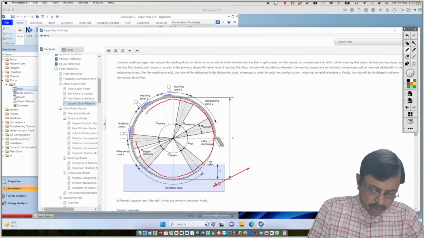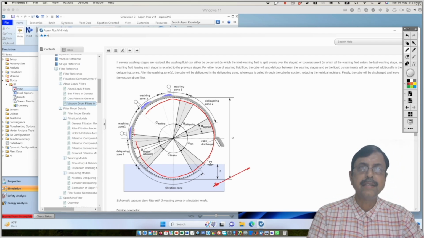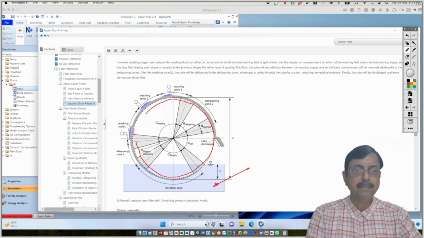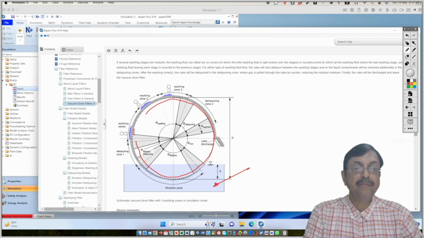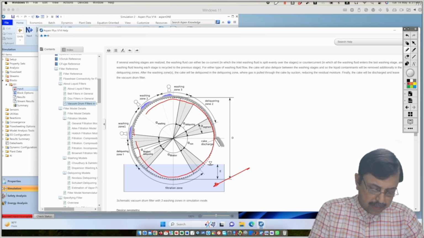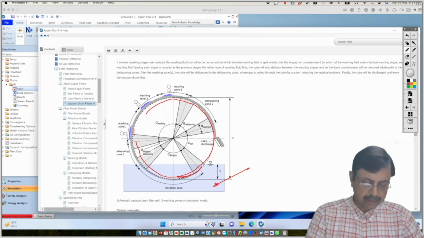This is the slurry zone, where the suspension of solid particles in a liquid is kept, which needs to be filtered. And a portion of the cylinder is submerged in the suspension.